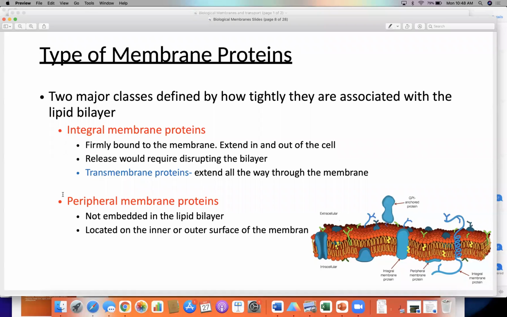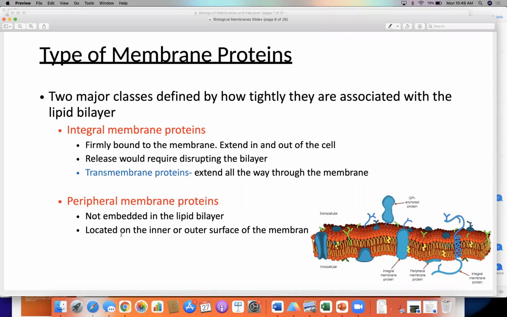Now, in contrast, we have peripheral membrane proteins that by definition are not embedded into the lipid bilayer. Jot that down. So you have peripheral proteins here that are in close association with that membrane, but they are not embedded in that lipid bilayer.